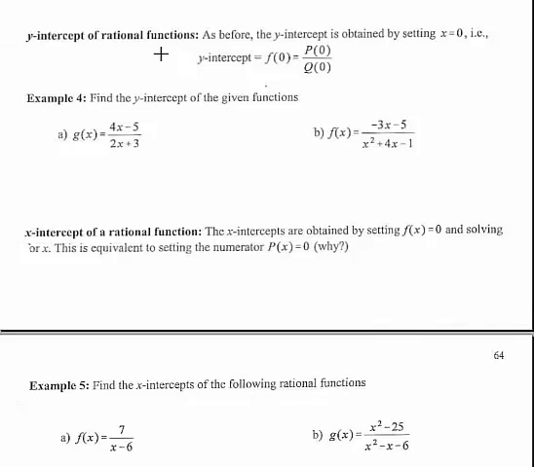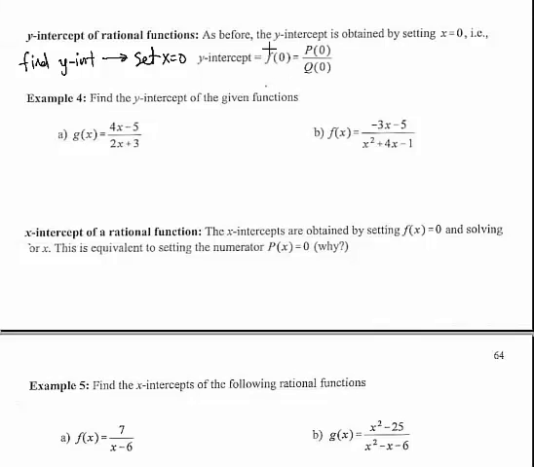And now we want to talk about the y-intercept of rational functions. Well, it's the same as all other functions, whether it's rational or polynomial or whatever. If you want to find the y-intercept, then you simply set x equal to 0, which is exactly what this is saying.